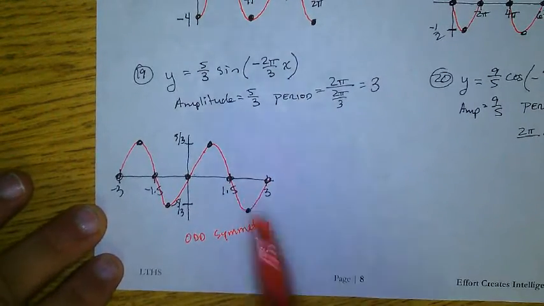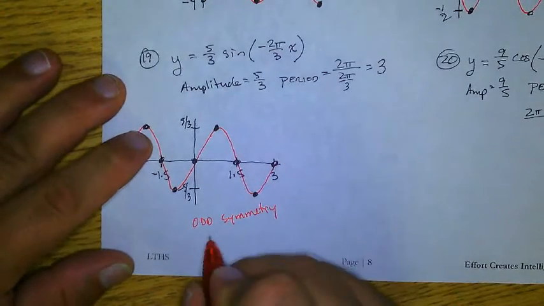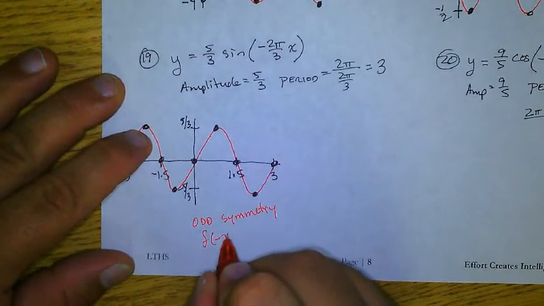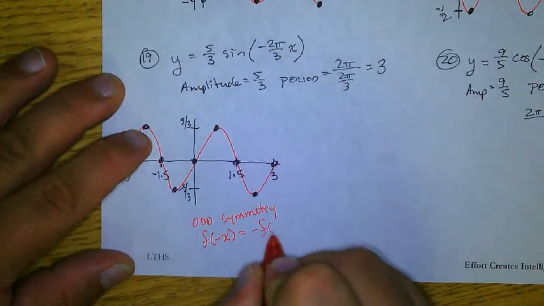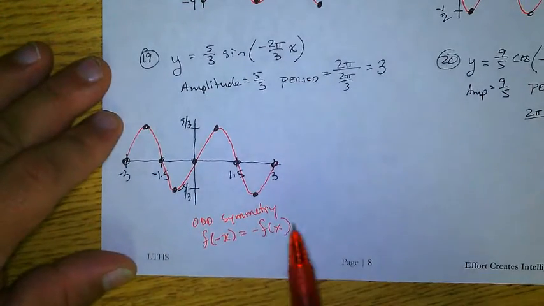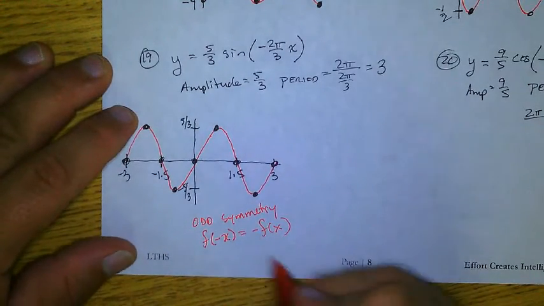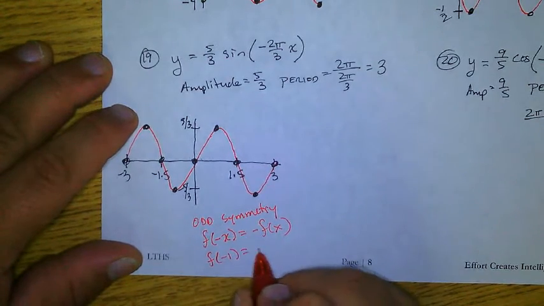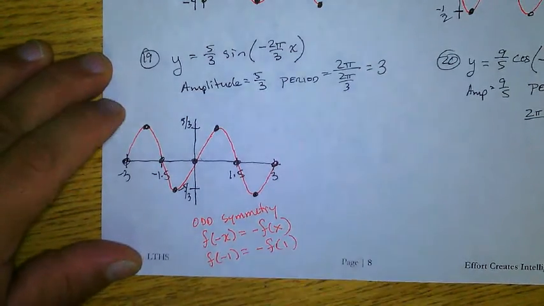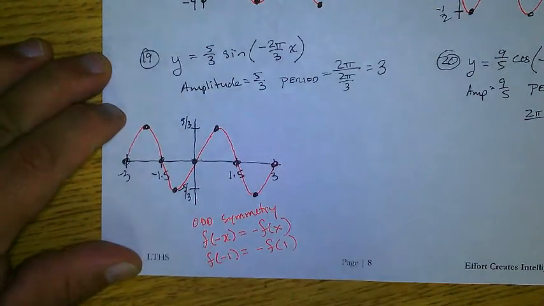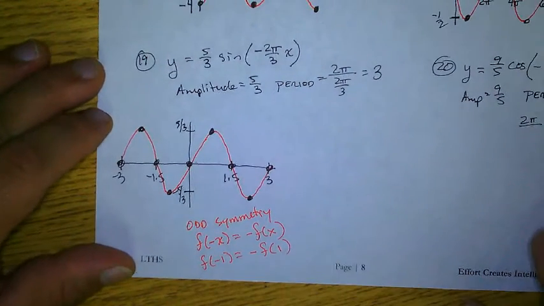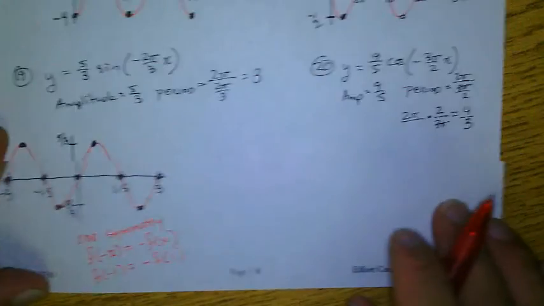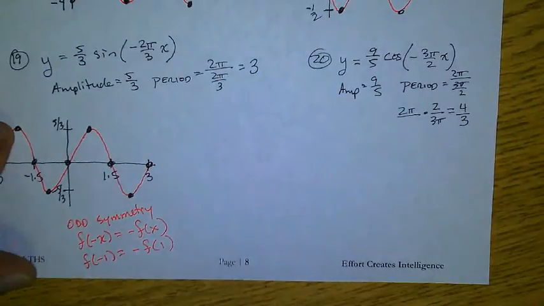Odd symmetry, important to understand that f of negative x equals negative f of x. If I had f of negative 1, it would be negative f of 1, whatever that value happens to be. Very important.